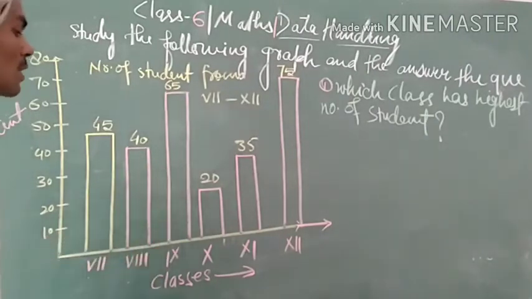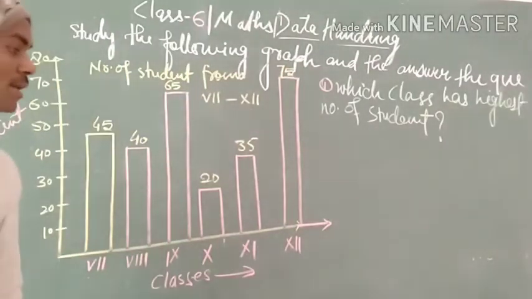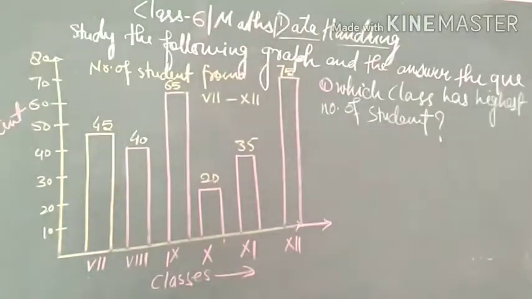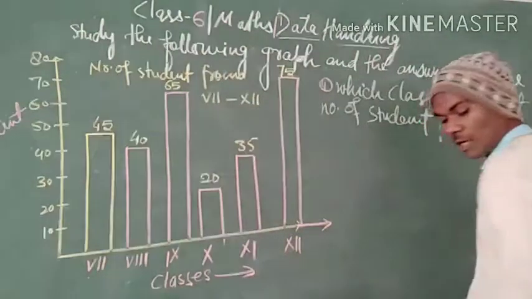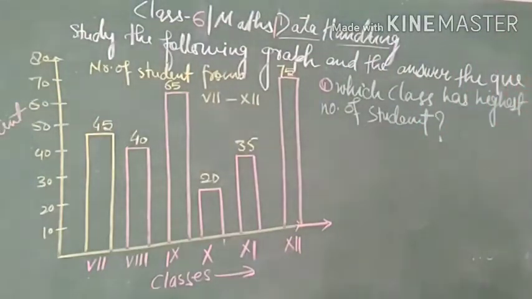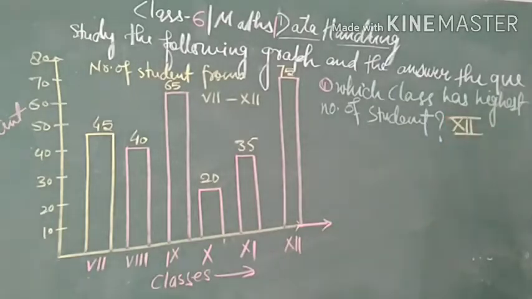Here we can see that the number of students in class 12 is 75, and there is no bar which represents more than 75. Therefore, it is clear that class 12 has the highest number of students.